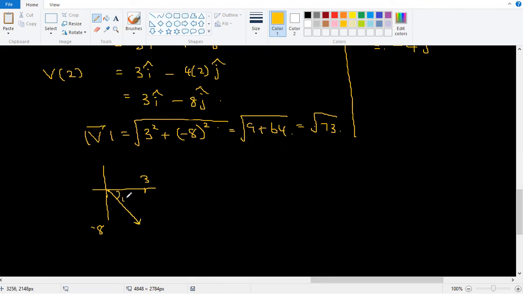So if I want this angle theta, tan theta is equal to y by x. So y is minus 8 divided by x is 3. That means this will give me theta which is in the negative direction. That's all.